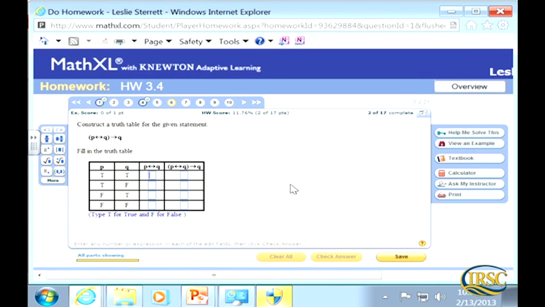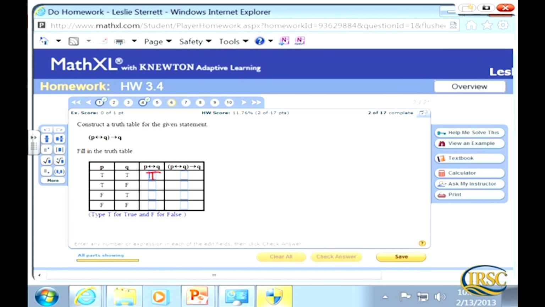Good. So in the first row, true, true is true. True, false, false. False, true. And false, false. True, good, because they're the same. Okay, so now this column is your if, and Q is your then. So it's as if you're going from right to left in opposite order this way.